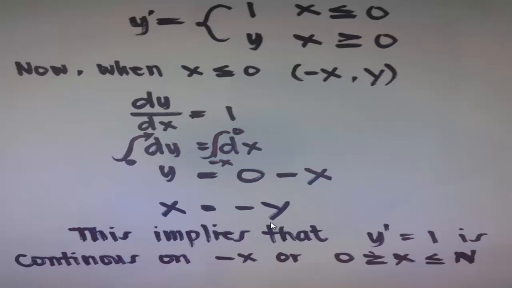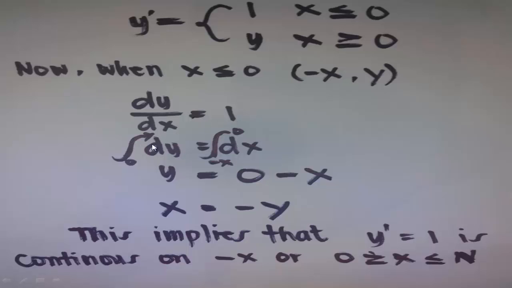Now let's try to solve this one. You have here y prime is equal to 1 if x is lesser than or equal to 0 and y if x is greater than or equal to 0. Now, when x is lesser than or equal to 0, you have the negative values of x, and dy dx is equal to 1.